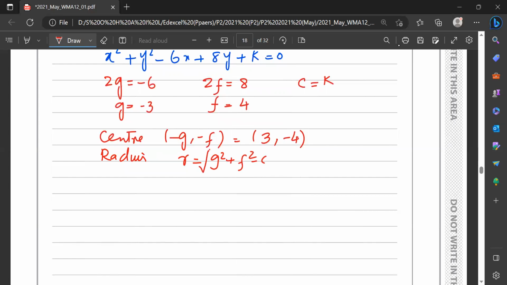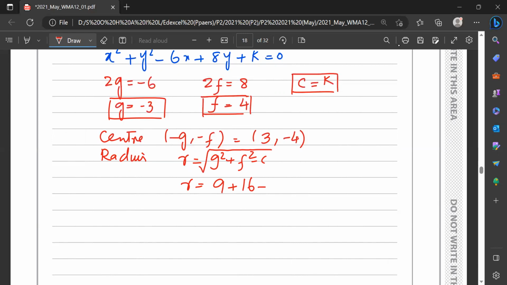G square means 9, plus f square means 16, minus the value of c, which is k from above, all under the root. So the radius is the square root of 25 minus k.